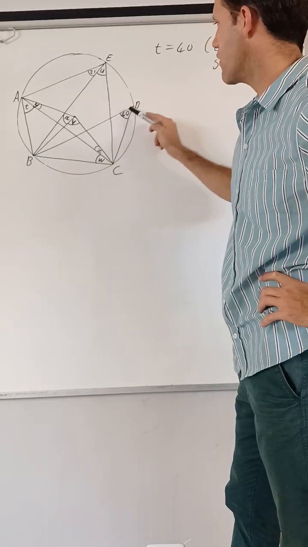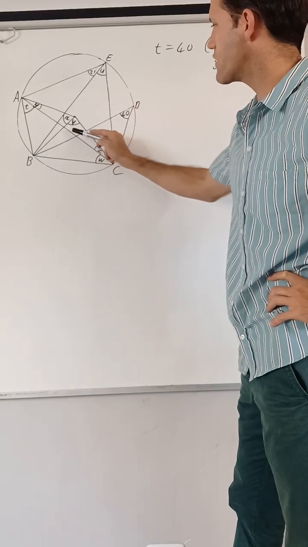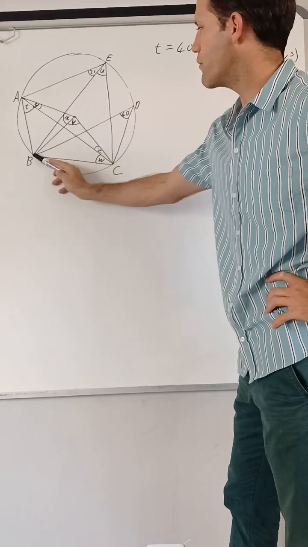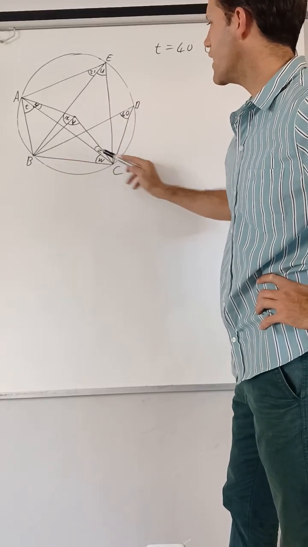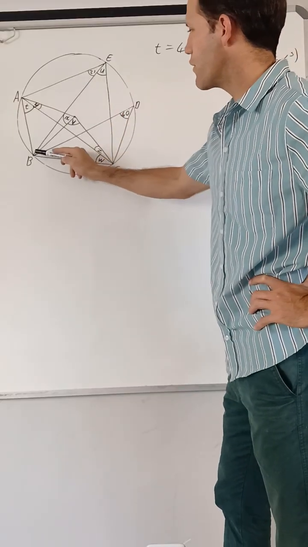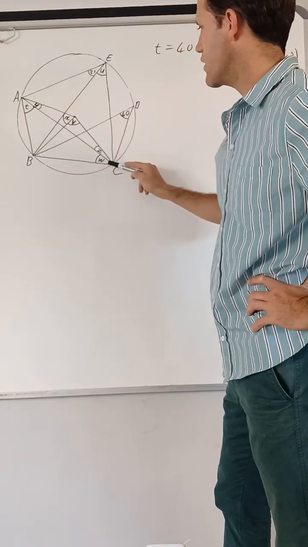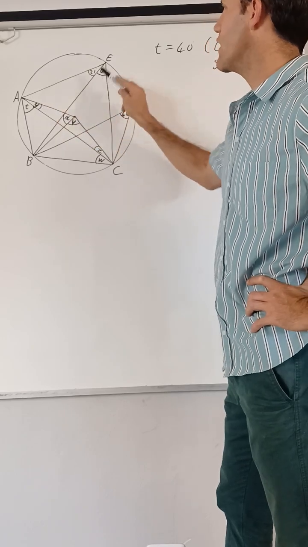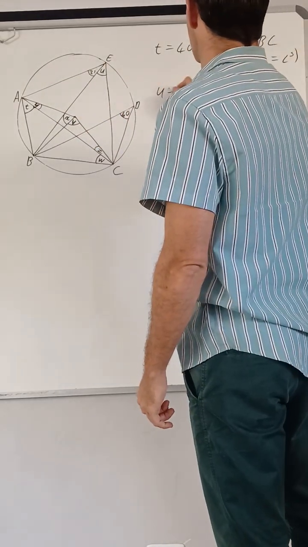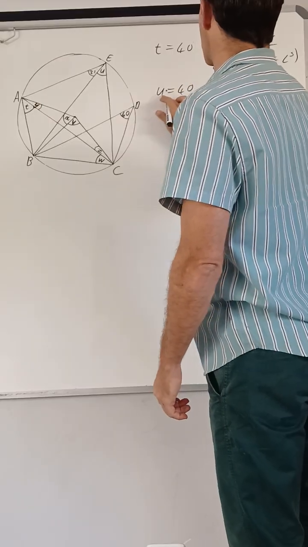So there's a lot of lines going out from B and C. One of them is from there to there to there, another one is from there to there to there, and another one is from there to there to there. So obviously T is 40 then, and then U must also be 40. Same reason. U is equal to 40, okay?